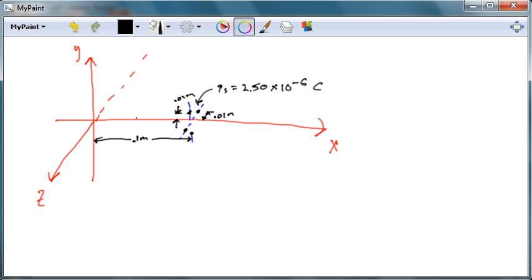The components along the x direction, all add up, and the components in the direction perpendicular to the x-axis cancel each other out from symmetry. So that's why the particle is going to stay on the x-axis.